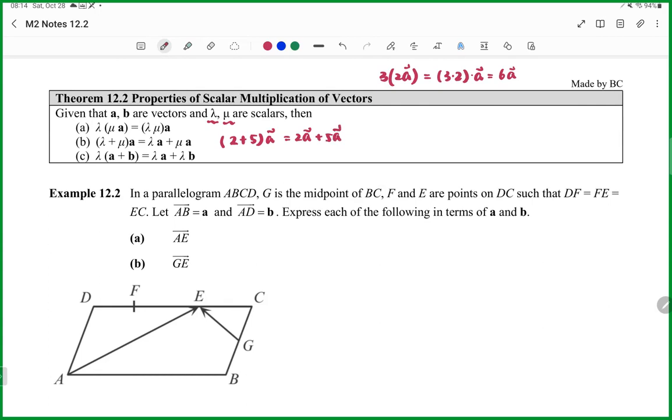The last one, for the vectors, it's also distributive, which is lambda times a plus b equals lambda a plus lambda b. So that is 2 times a plus b equals 2a plus 2b. Okay, so if we only consider the addition, subtraction, and scalar multiplication, the vectors basically behave the same way as numbers.